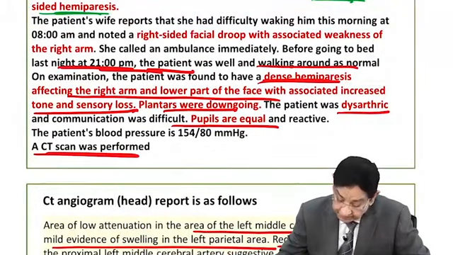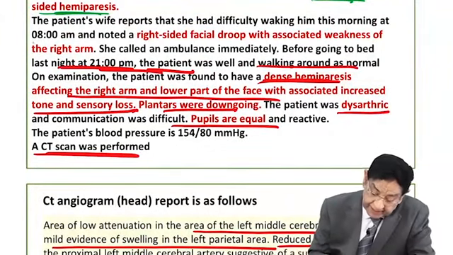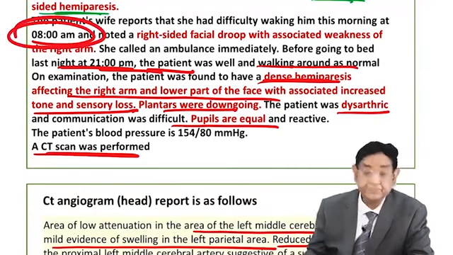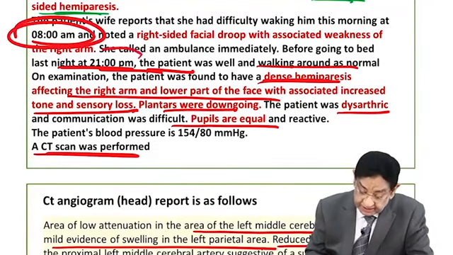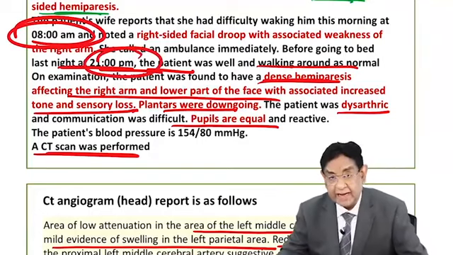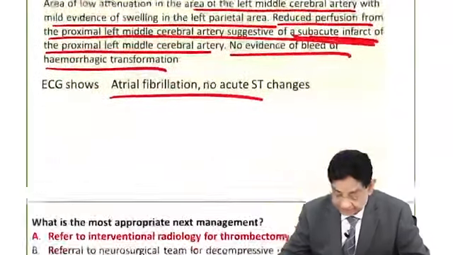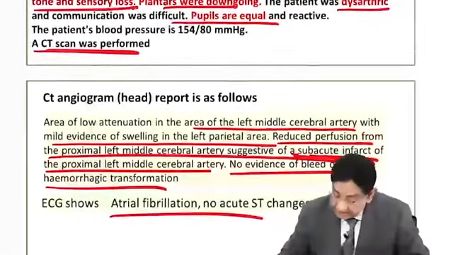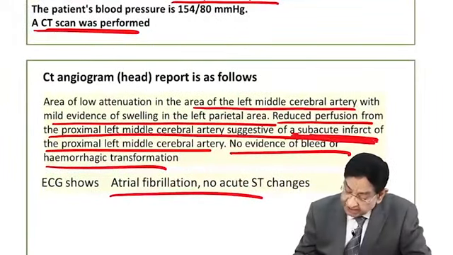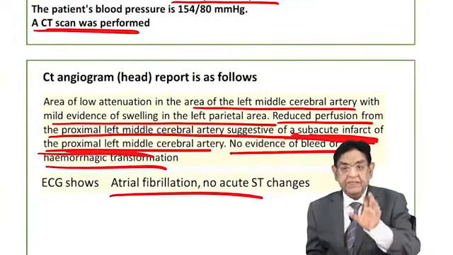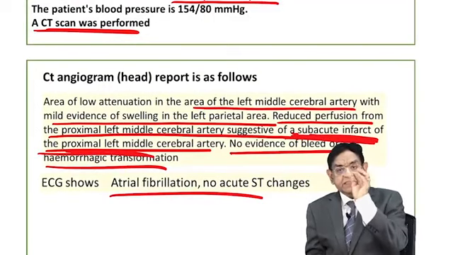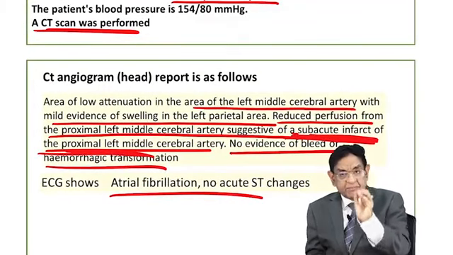This patient's problem started at 8 a.m., and now it is 9 p.m., a long gap of 13 hours. And there is some area of subacute infarction. That means there is still salvageable brain tissue.